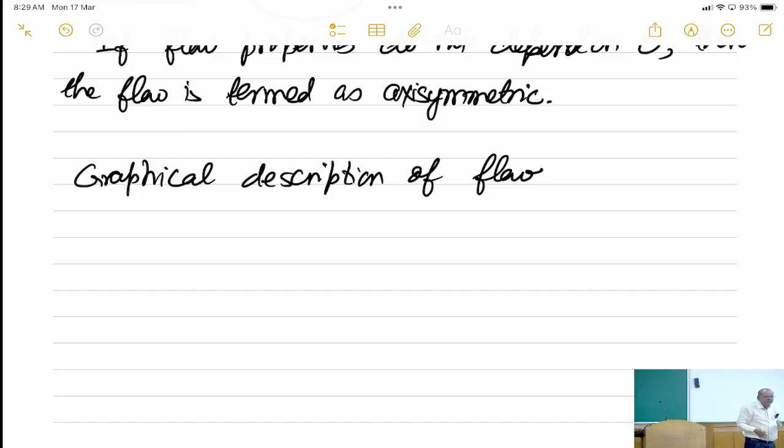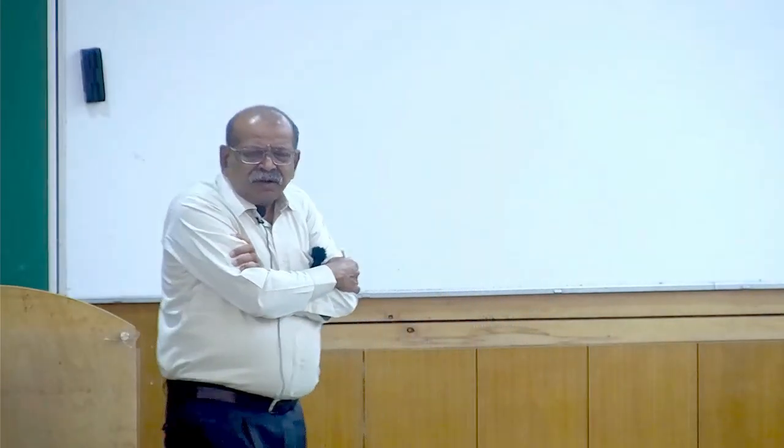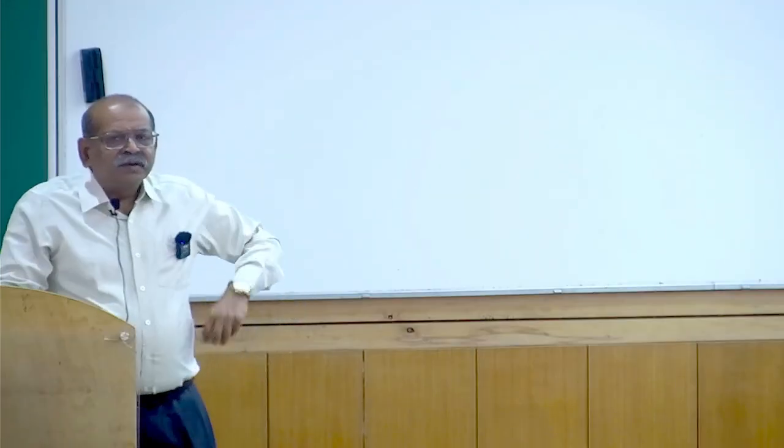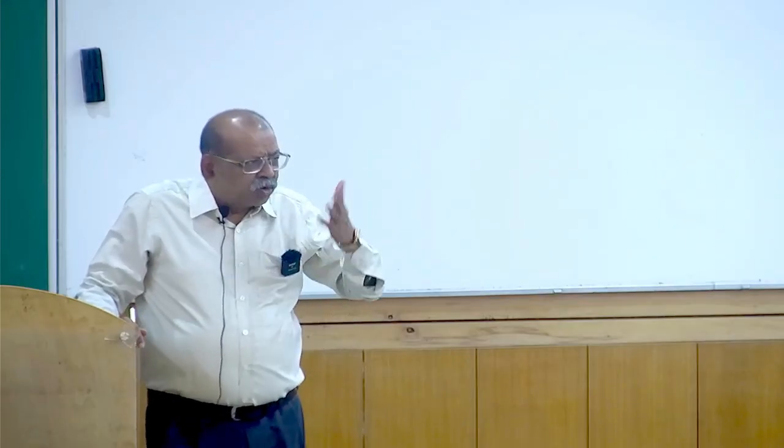Often, how the flow behaves can be inferred, a lot of information can be got if we have some sort of a graphical description or some sort of a visualization of flow. Do we have any examples in real life where we can see some sort of a flow visualization? Have you come across any such thing?